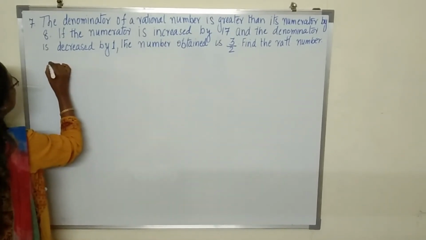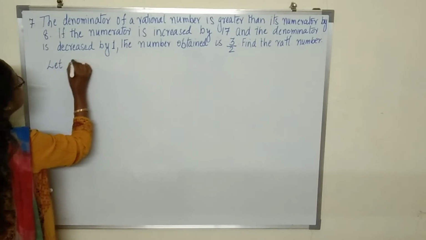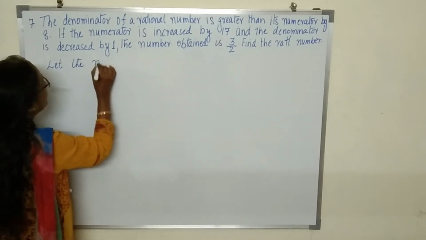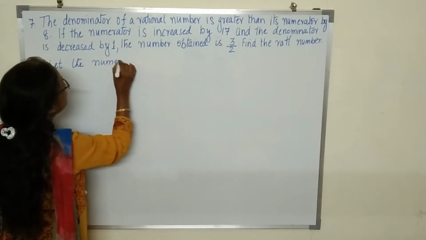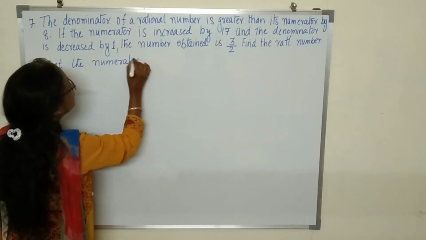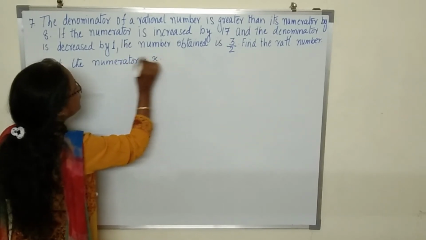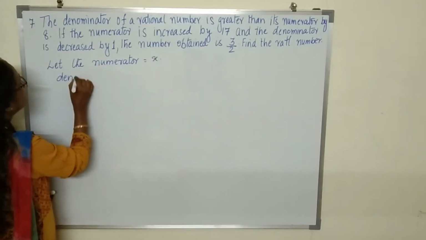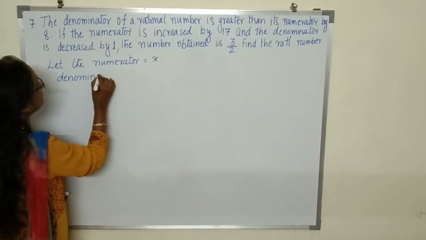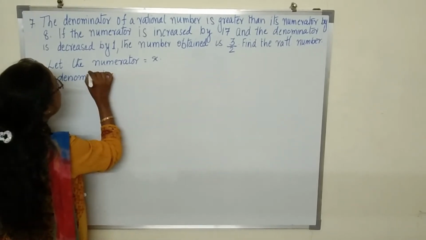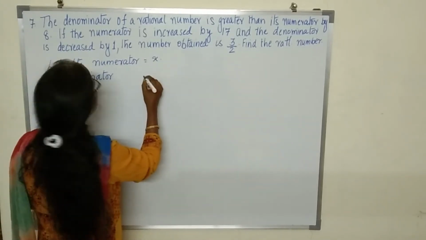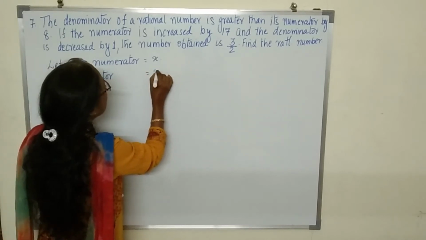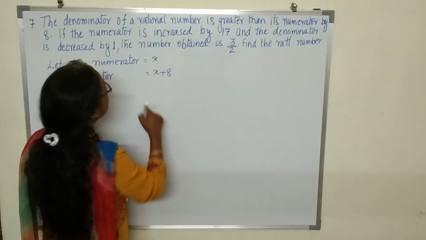So let us take the numerator. Let the numerator be equal to x and the denominator will be how much more? 8 more. So it will be x plus 8.